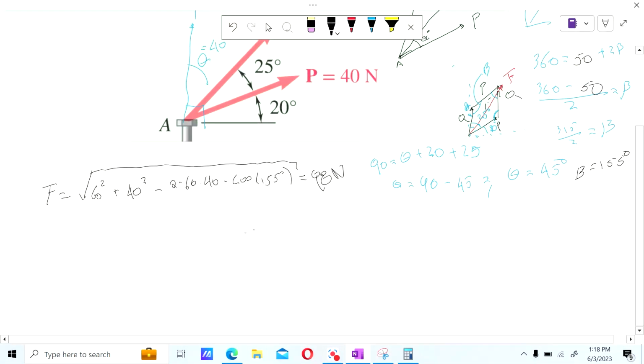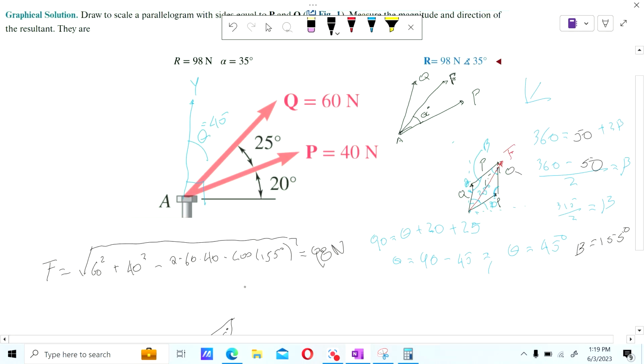All you need to do is draw your triangle one more time, and then express what you know. That angle is 155. We don't know that angle, which we're calling A. We do know that this is P, which is 40 newtons, and this is 60 newtons.